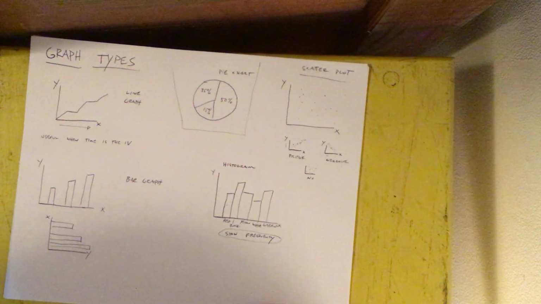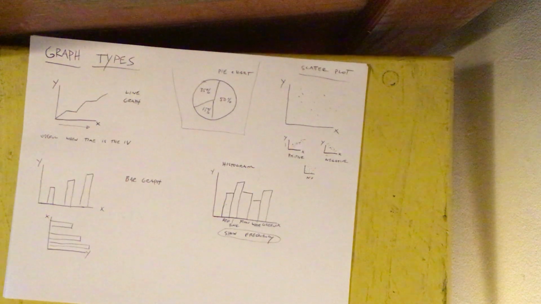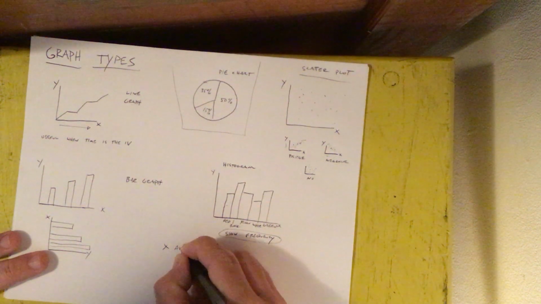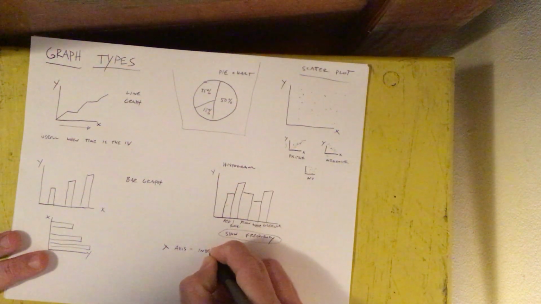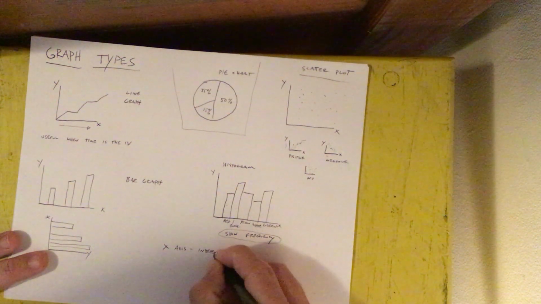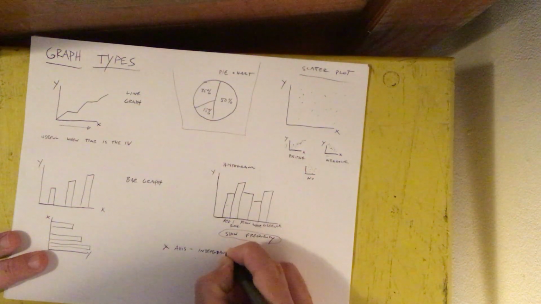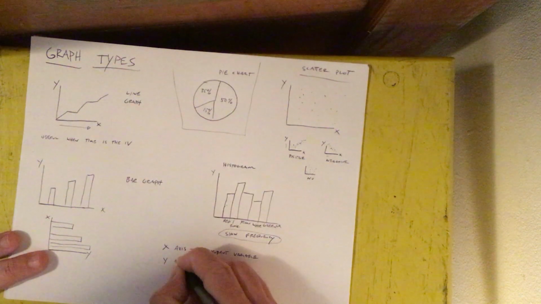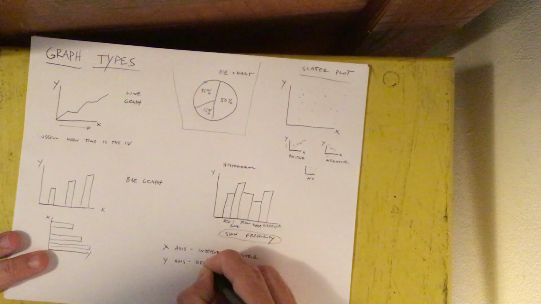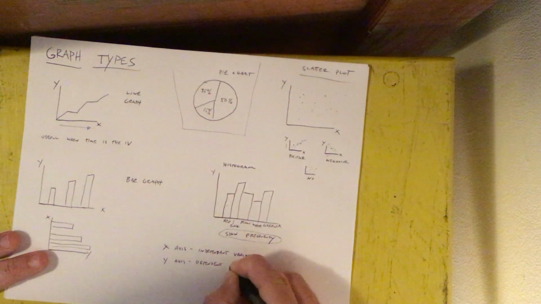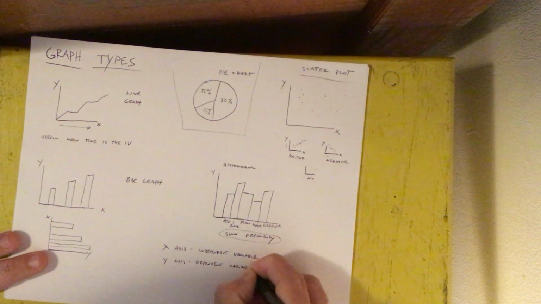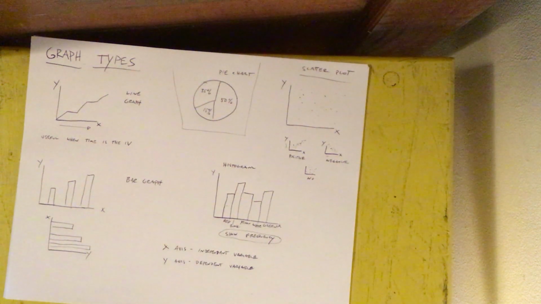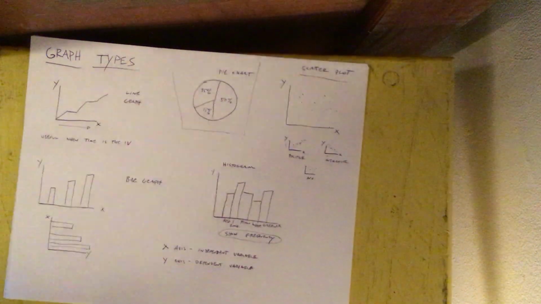It's important to be able to identify the x and y axis and to know that the x-axis is the independent variable, and the y-axis is the dependent. And that's your notebook page.